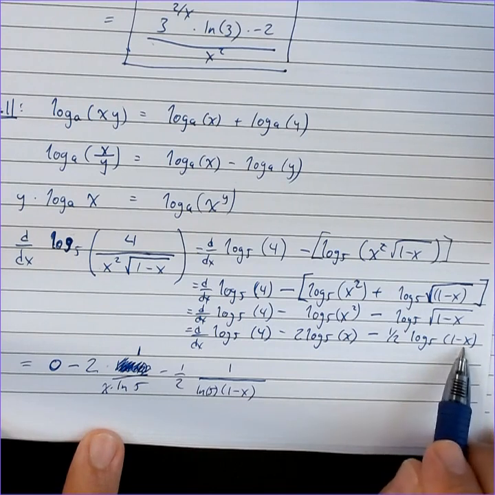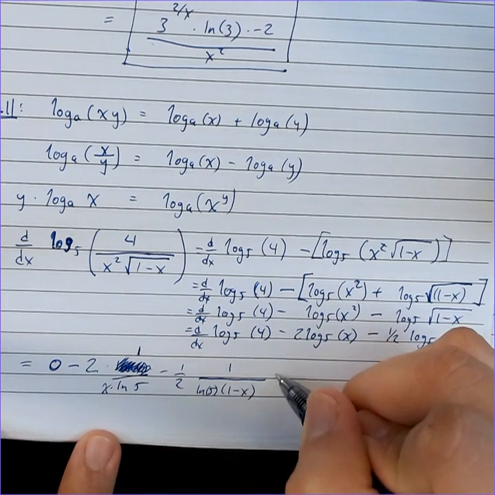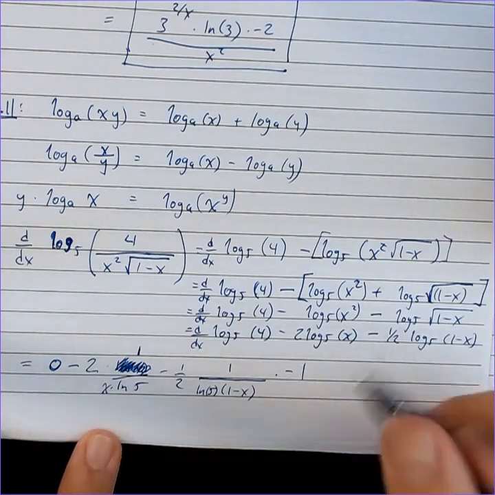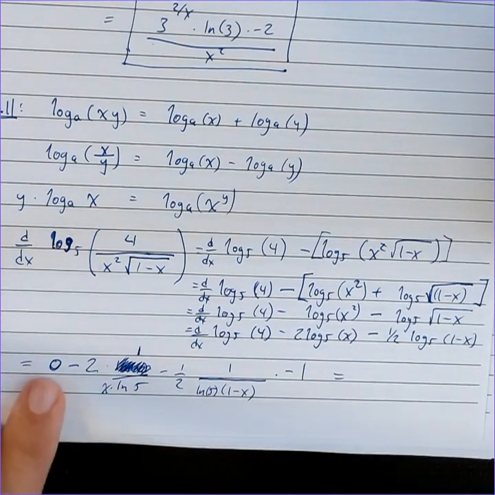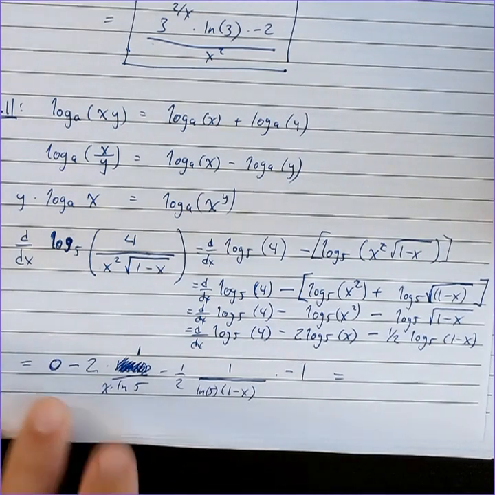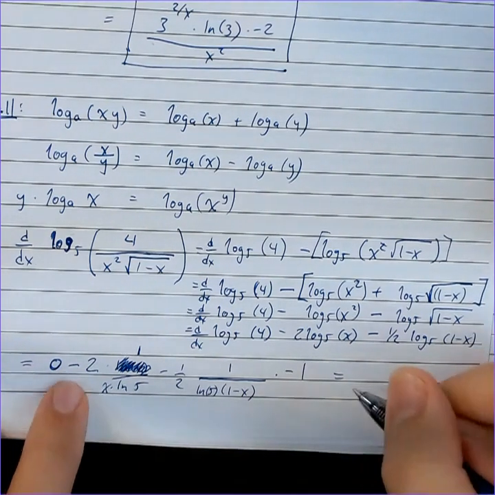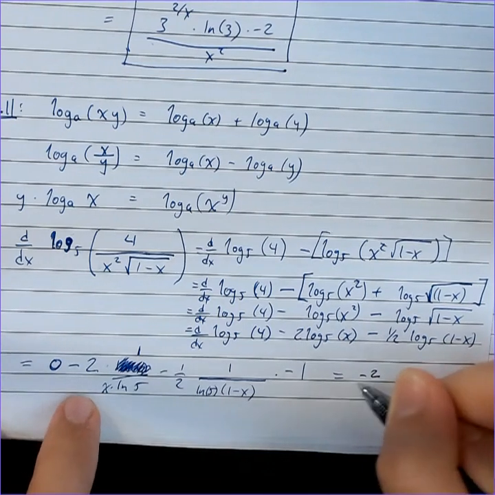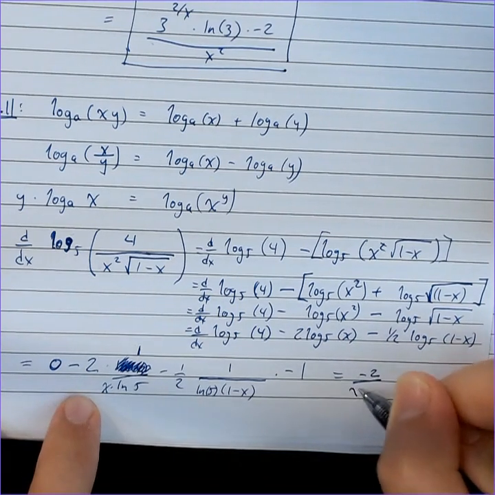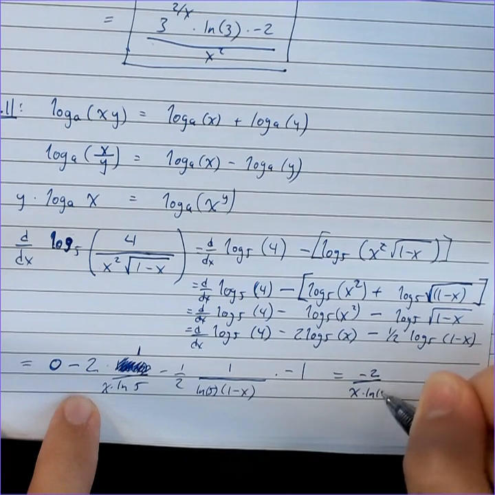So now using the chain rule, the derivative of 1 minus x, well, the derivative of 1 is 0. The derivative of minus x is minus 1. So that gets multiplied by minus 1. And so in the end, our result is, we're not going to bother writing a 0, negative 2 over x times natural log of 5.